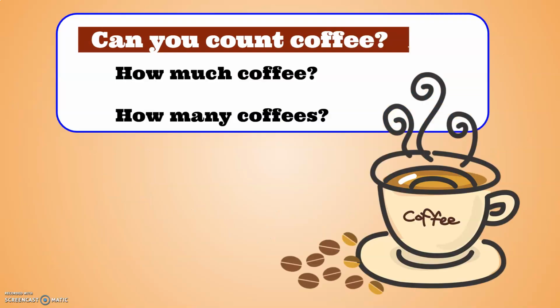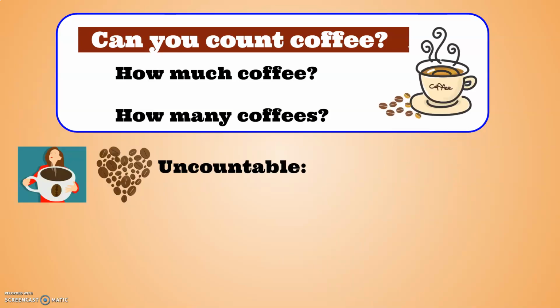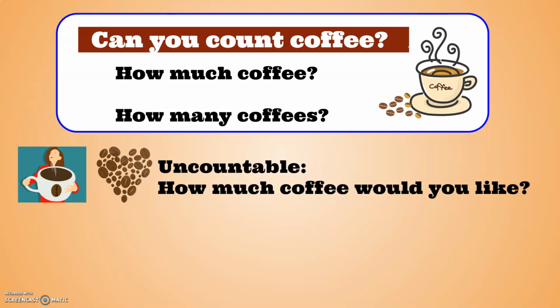How about coffee? How much coffee or how many coffees? Both sentences are correct, but they have different meanings. So if we're looking at the uncountable coffee beans, or an amount of coffee in a cup, we would say how much coffee, how much liquid, or how many beans. How much coffee would you like?